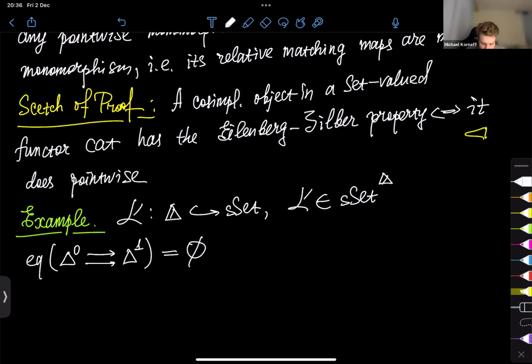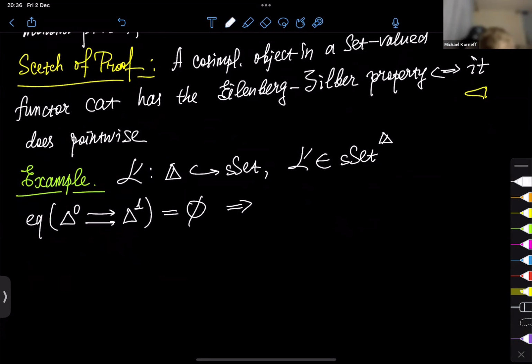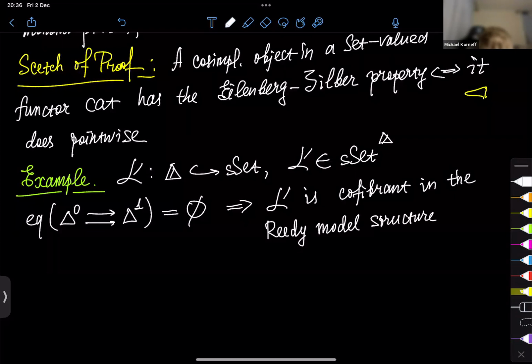So it follows that this diagram is cofibrant in the Reedy model structure in this category.